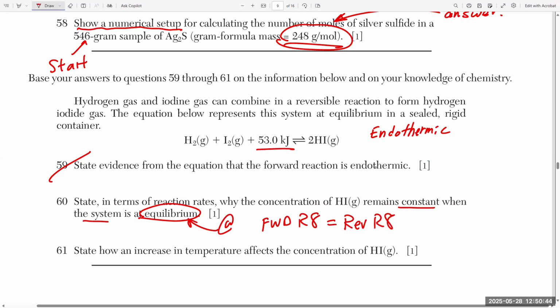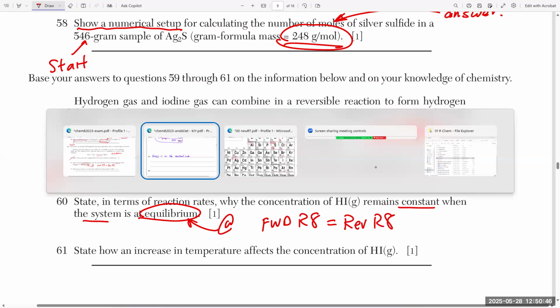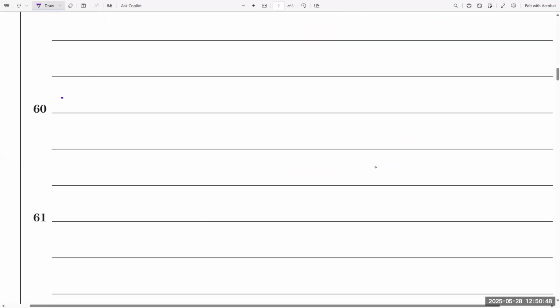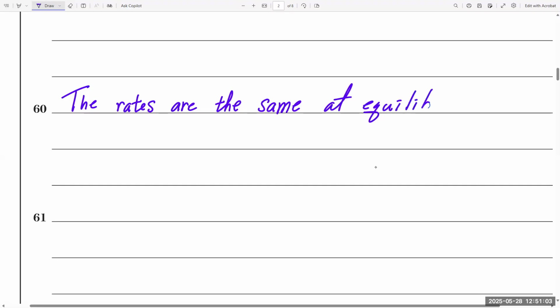So you would say here, literally, the rates are the same. You might even want to say at equilibrium. Okay, let's go to 61.